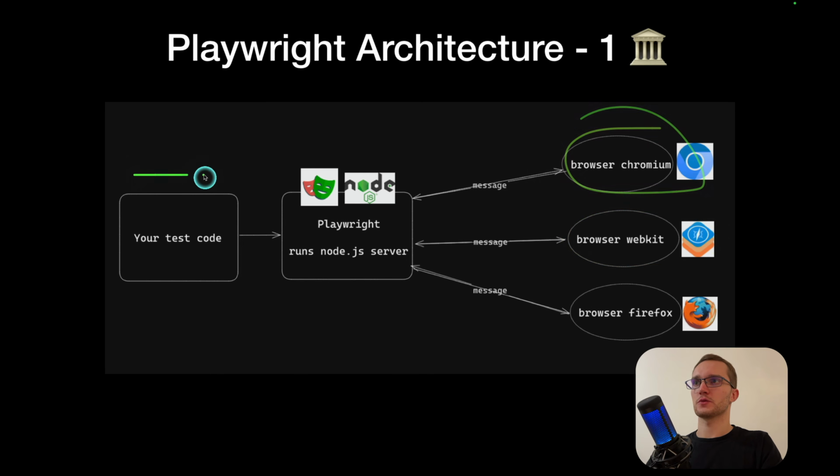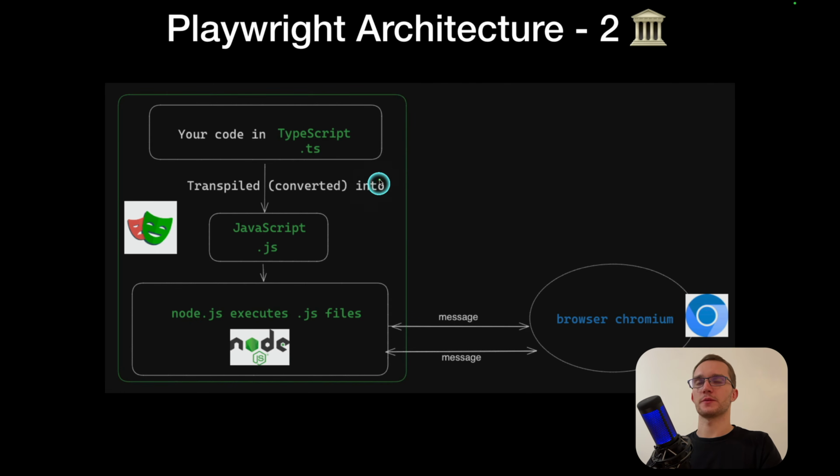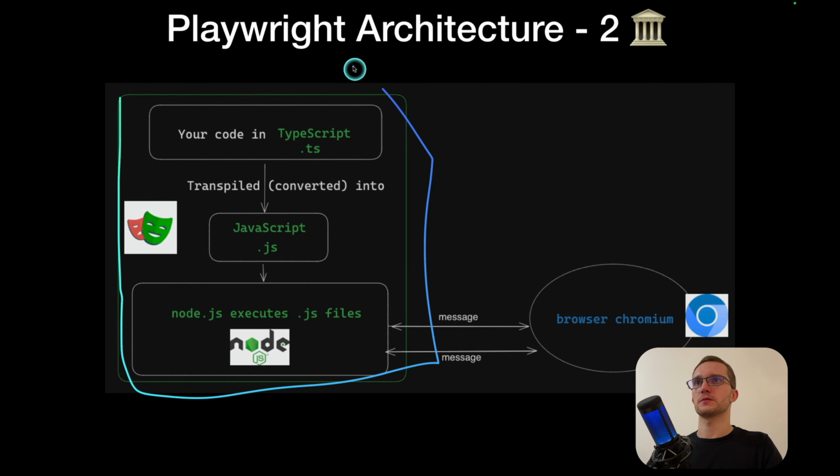Okay, so reading your test file, sending messages. I hope this one was clear. It was easy. Let's make it a bit more complex now. Remember your code is written in TypeScript. So you write code in TypeScript files, then Playwright, Playwright is everything that I select here.